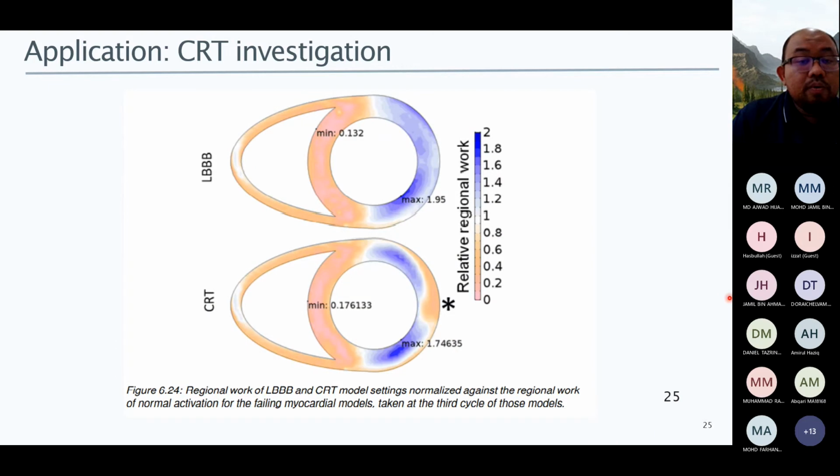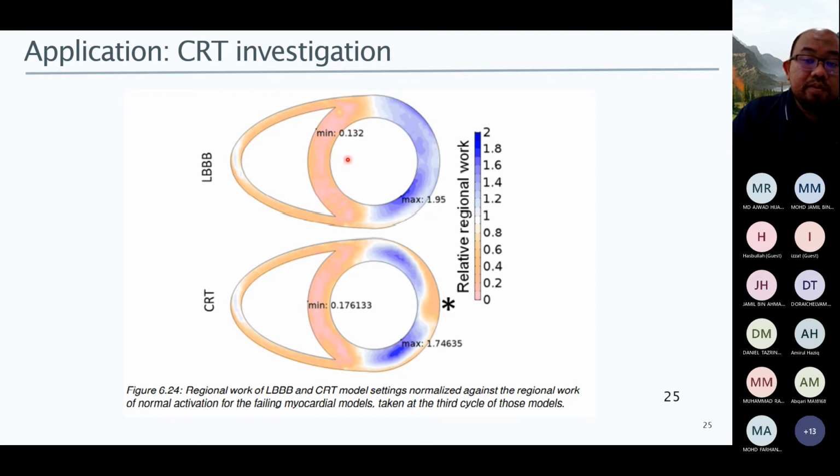The other thing that we are able to show is, if we calculate the regional work when you have a late activation in the heart, the healthy portion of the heart has to compensate for the diseased section. But if you apply a pacer or an electrode in the heart, that can somewhat restore our heart behavior.